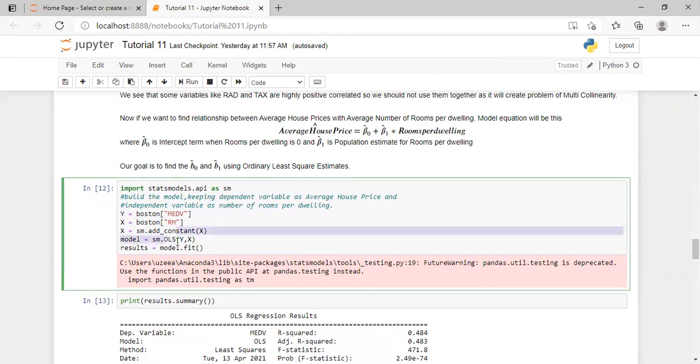So we are passing sm.ols, which is taught in the course, and is also used in K9. So sm.ols, and I am passing my dependent variable y as the average house price, and x as the average rooms per dwelling.